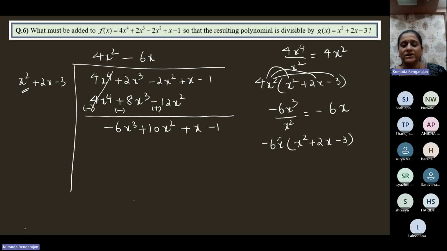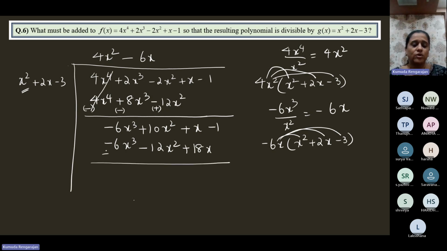So minus 6x into x squared is minus 6x cubed. Minus 6x into plus 2x is minus 12x squared. And finally, minus 6x into minus 3 is plus 18x.